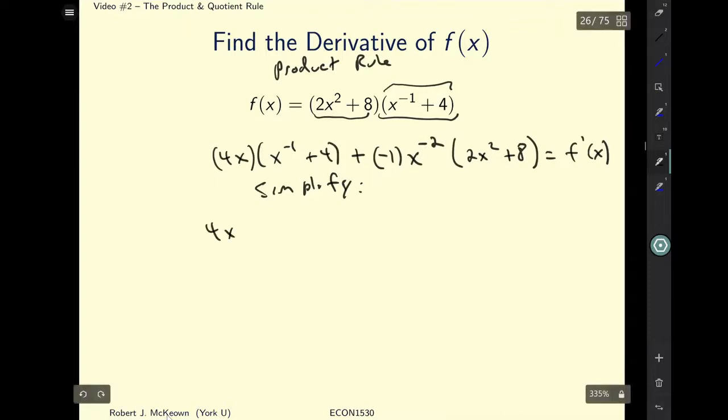Well, that's like 4x to the 1 minus 1, plus 16x, minus 2, minus 2 times 2, 8x to the negative 2. And it's still all equal to f prime x.